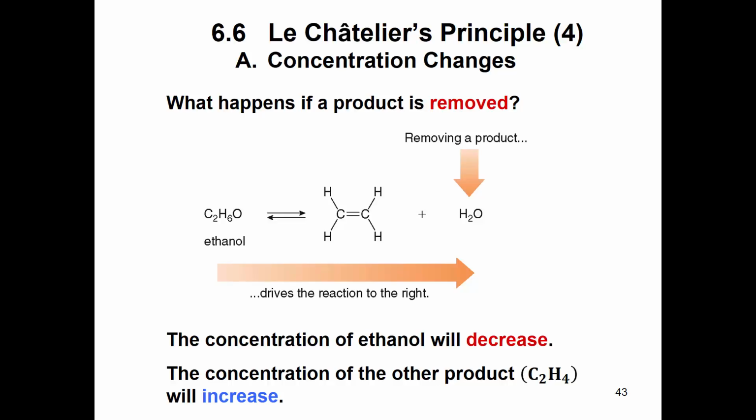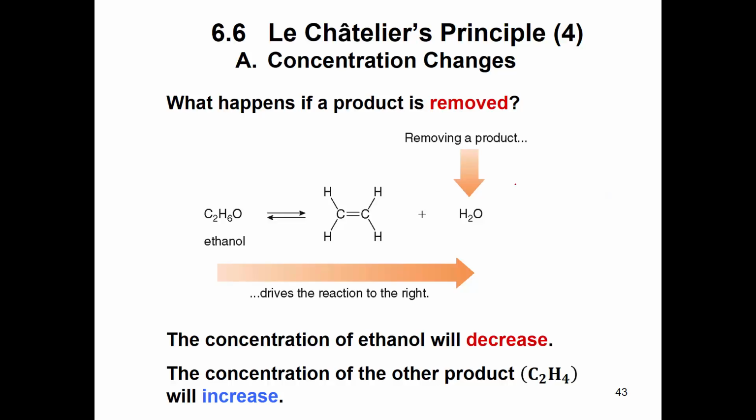What if I remove product? When I remove something, I think of it as pulling. When I'm adding something, I'm pushing on whatever side I am adding it to. When I remove something, I'm pulling with it.